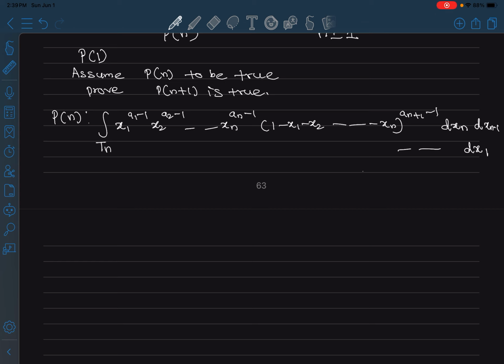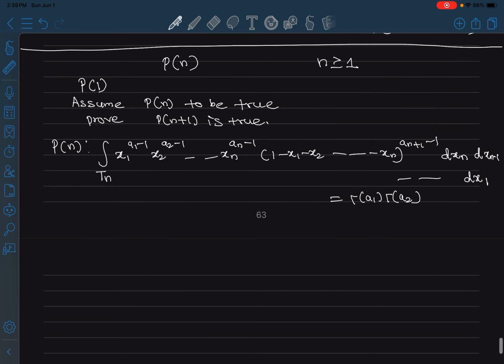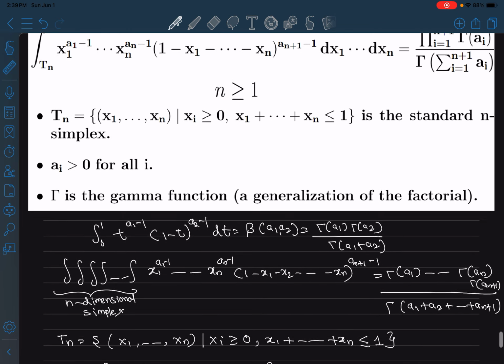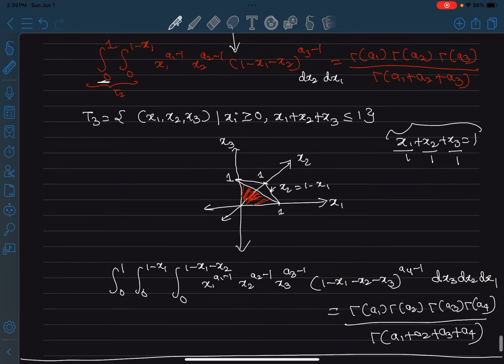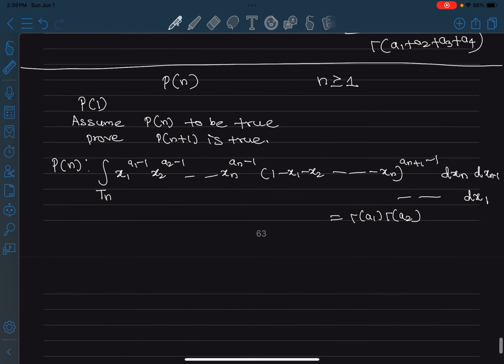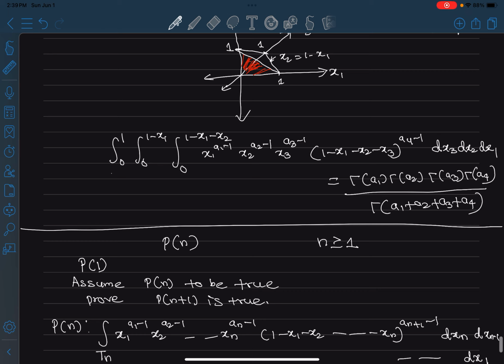Okay. And so we know that this will be gamma of a1, gamma of a2. How is it in the main statement over here? Okay, it's in the opposite manner. Doesn't really matter. Let me write it in the opposite manner, and it's still like these limits, the first one will still be 0 to 1, and this one would have been 1 minus x2, and this one would have been 1 minus x2 minus x3.